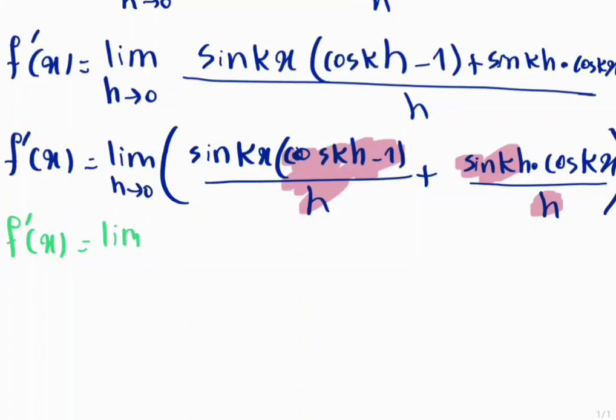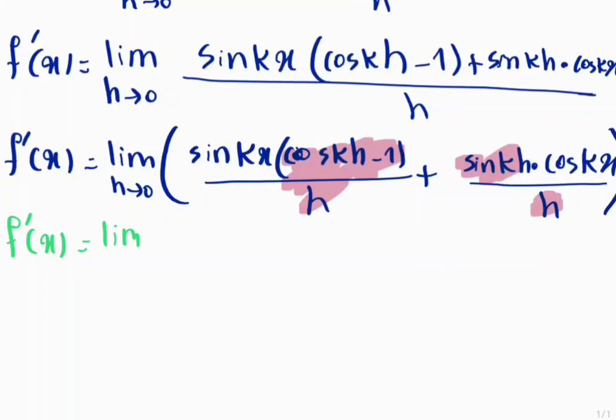So yeah, f dash x is equal to the limit of. Now we need to remember something, and that's the small angle approximation. Because by the question we know that h tends to 0, which means h is very small, so we are allowed to use the small angle approximation. And on the other hand, here you can see that we have sine kh.